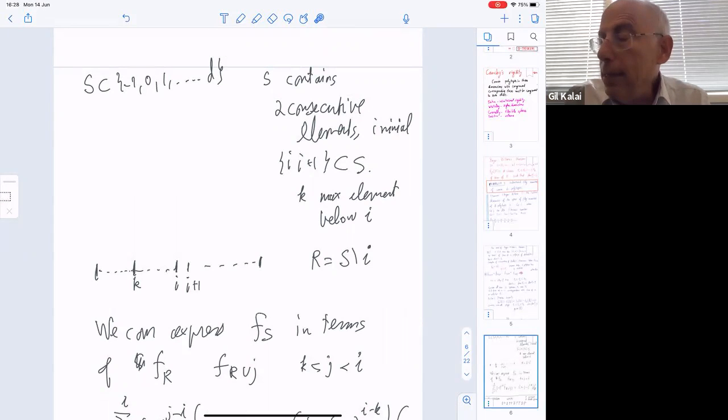And this means that we can express all the flag numbers by flag numbers of subsets with no two consecutive elements. So those are subsets of -1, 0 up to D, which always contain -1 and D, and don't contain two consecutive indices.